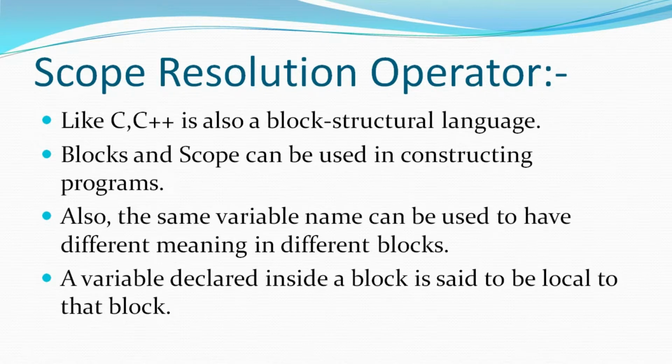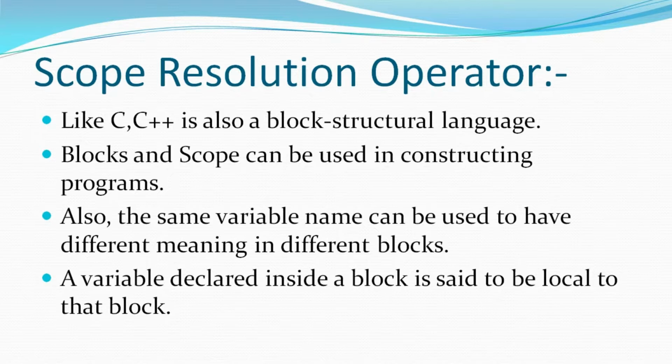And we know the same variable name can be used to have different meanings in different blocks. What does that mean? Sometimes we define values in blocks. Suppose integer a equals 5 in the first block, and integer a equals 10 in another block. So a variable name can be used with different meanings in different blocks.